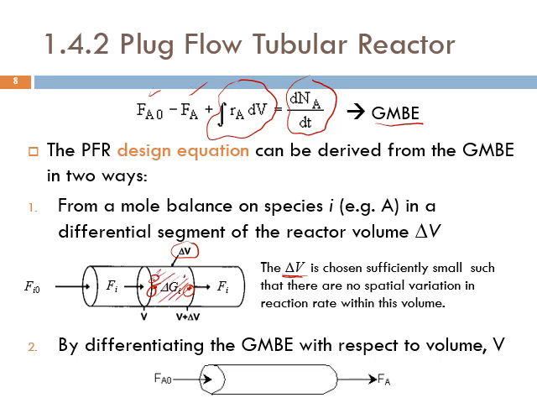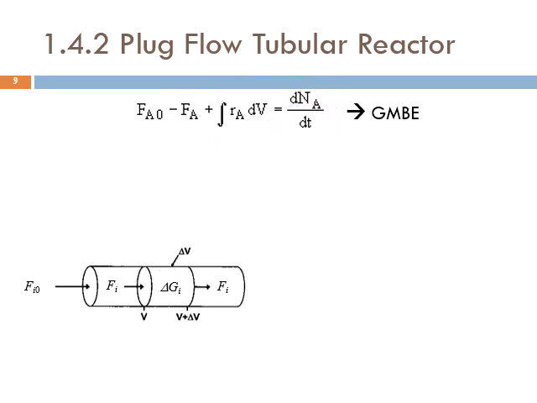So let's apply this and derive a design equation using this approach. Let's apply the general mole balance equation on this delta V. This is the delta V here, starts here and ends up here.